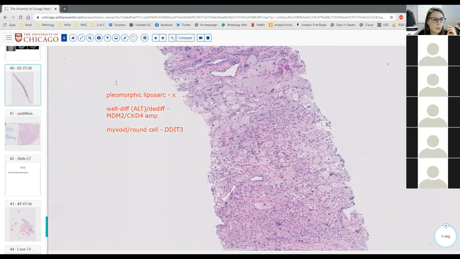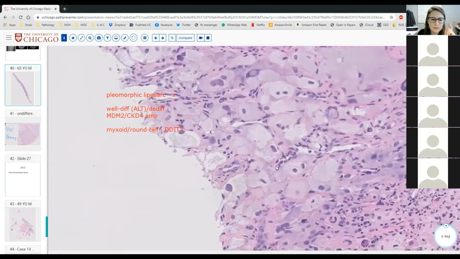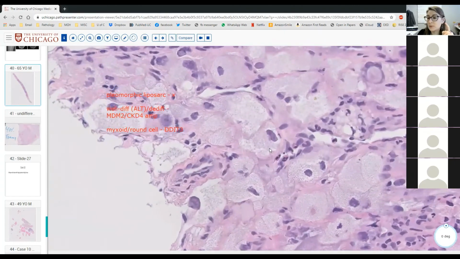Once you have those three buckets in mind, there are potentially two that this could fit into based on the possibility of these being lipoblasts. But I'm going to urge you to look carefully at the morphology of these cells and tell me if you really think these are pleomorphic lipoblasts or not.